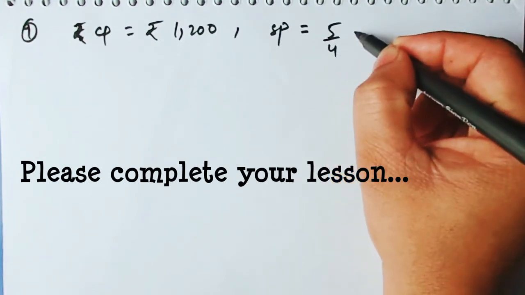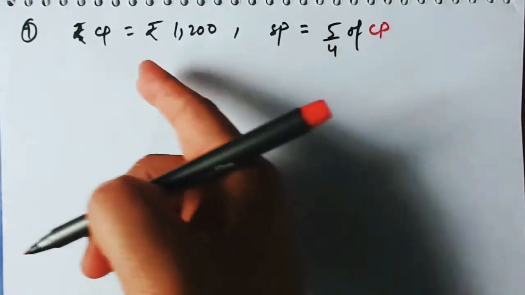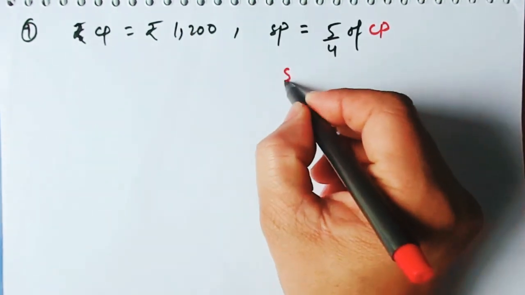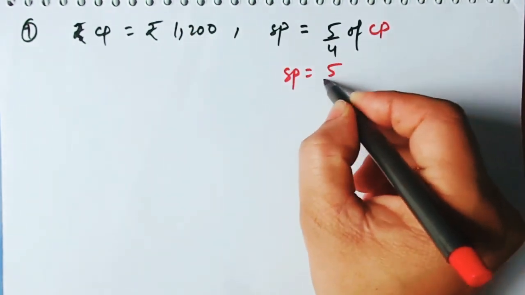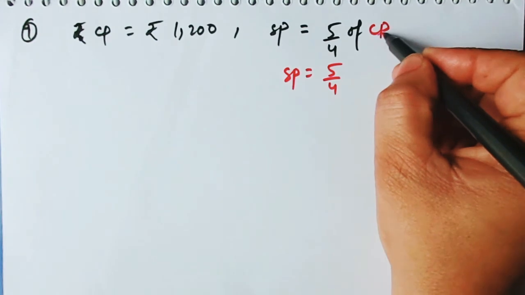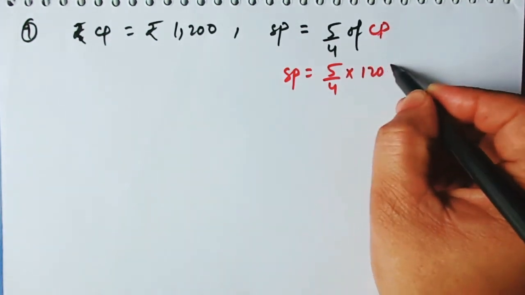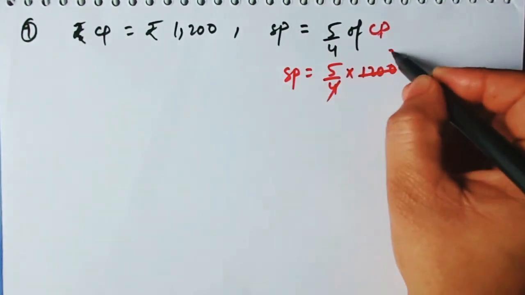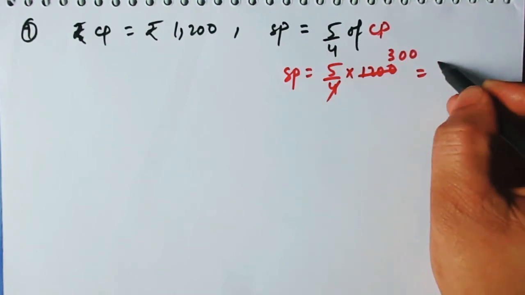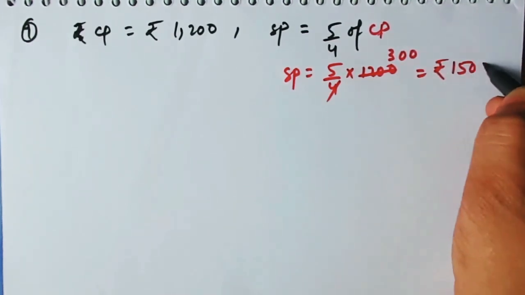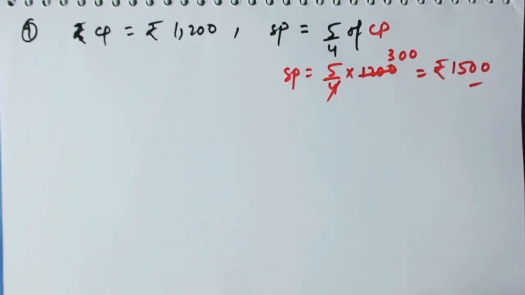They have already given you the cost price, so the selling price will be 5 by 4 times 1200. So 4 3s are 12, 5 3s are 15, 1500, isn't it? Instead of saying it directly, they told you to find out the selling price yourself.